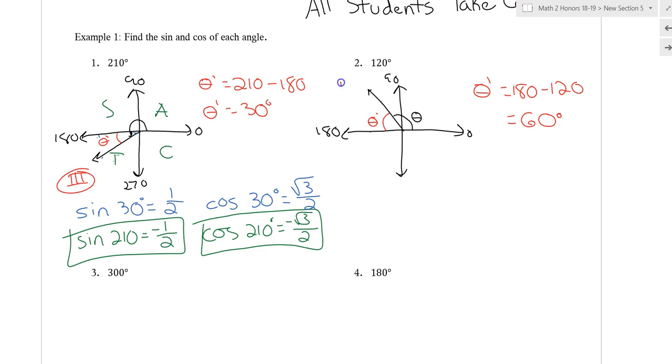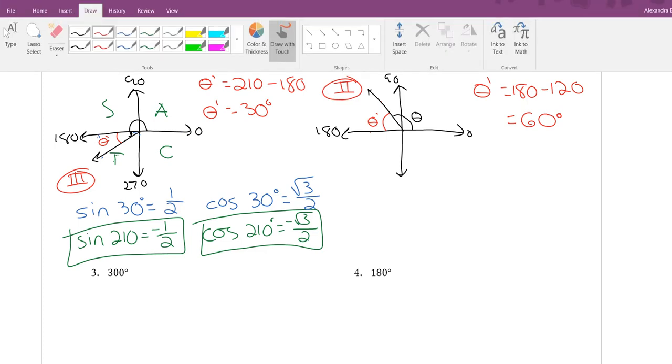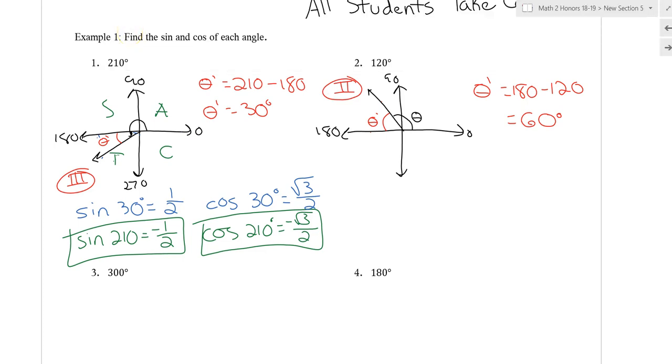And this is in quadrant 2, right? So then find the sine of this and cosine of that. Sine of 60. Well, the sine of 60 using our unit circle is square root 3 over 2. The cosine of 60 using our unit circle is 1/2.